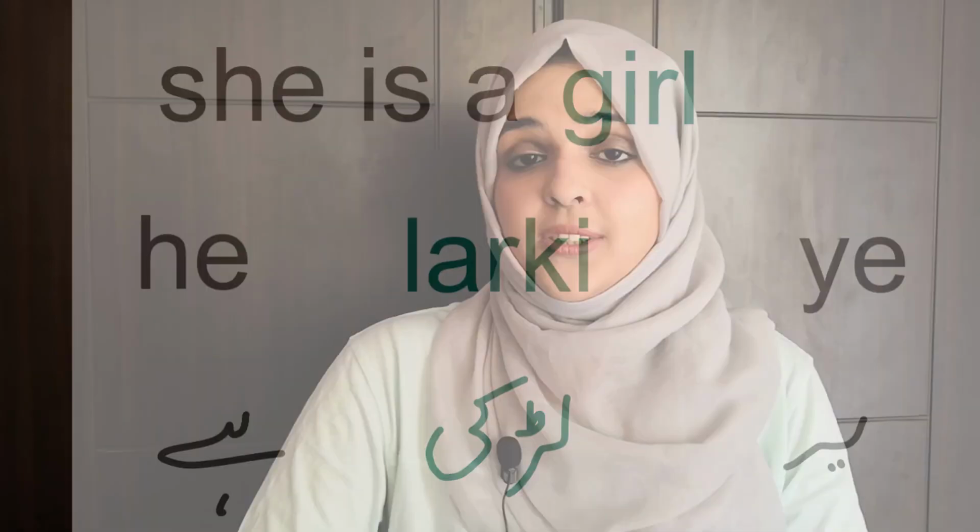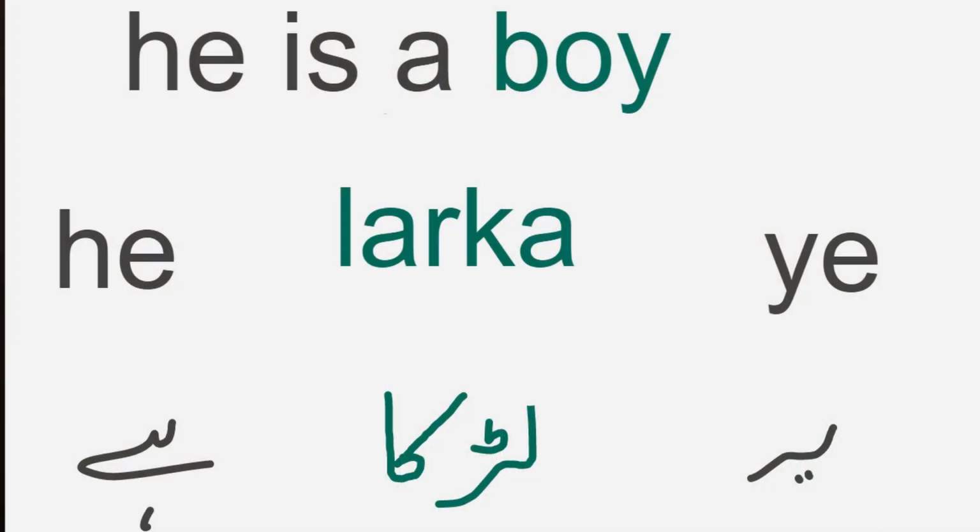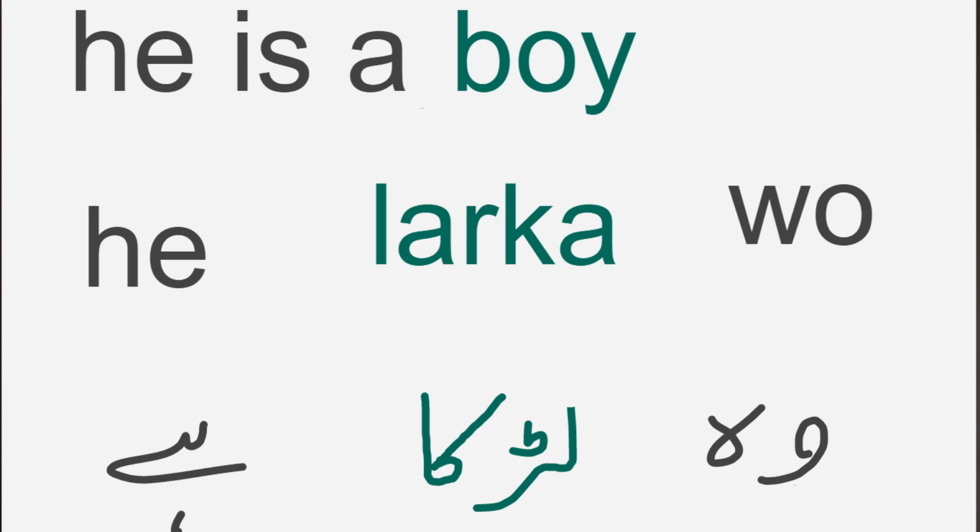The ra sound doesn't exist in English script, but don't worry. Now we want to say this is a boy, or he is a boy. ये लड़का है. This is a boy. वो लड़का है. He is a boy, but he's standing far from you. Or that is a boy.